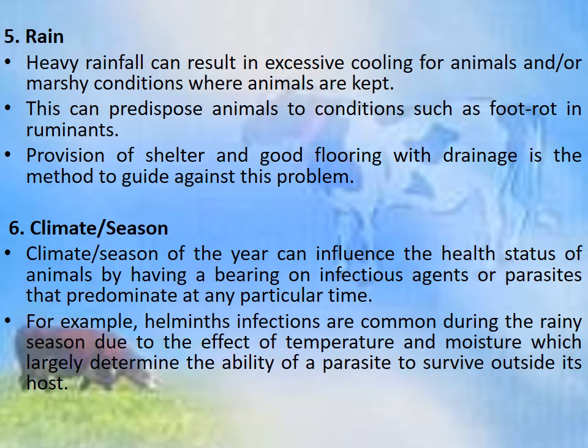A good example is helminthosis, that is helminth infection. This condition is usually common during the rainy season because of the temperature and moisture effect, which largely determine the parasite's ability to survive outside its host.